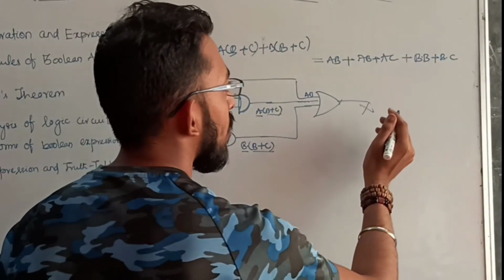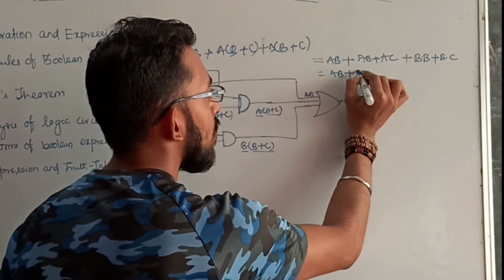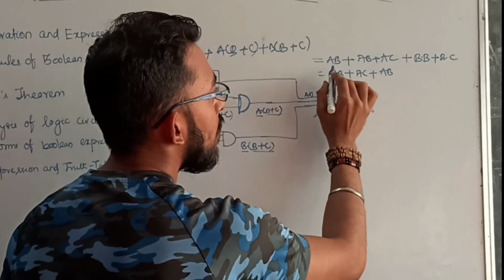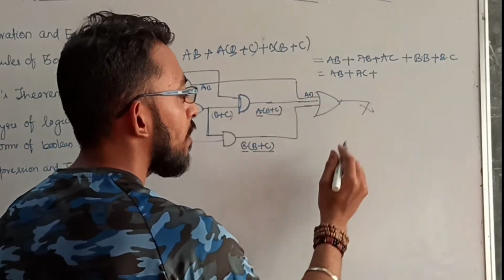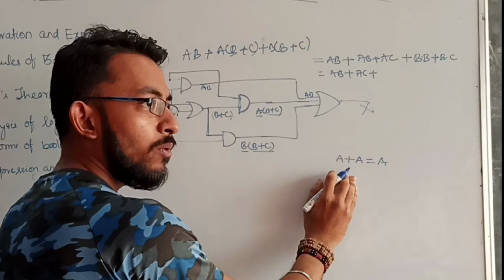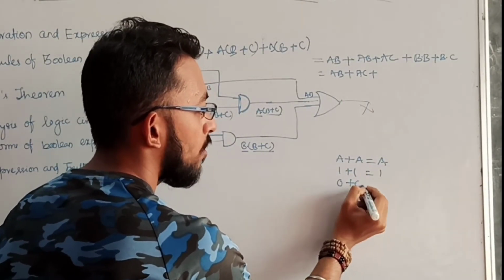Okay. Here you see it is nothing but AB plus AC, plus AB. Here there are two AB. So two AB can be written as one AB because A plus A is nothing but A. This is the rule that we read before: 1 plus 1 is 1, 0 plus 0 is 0.